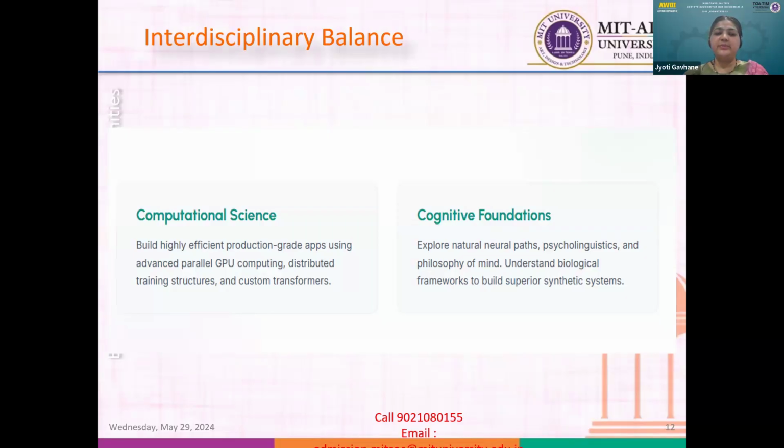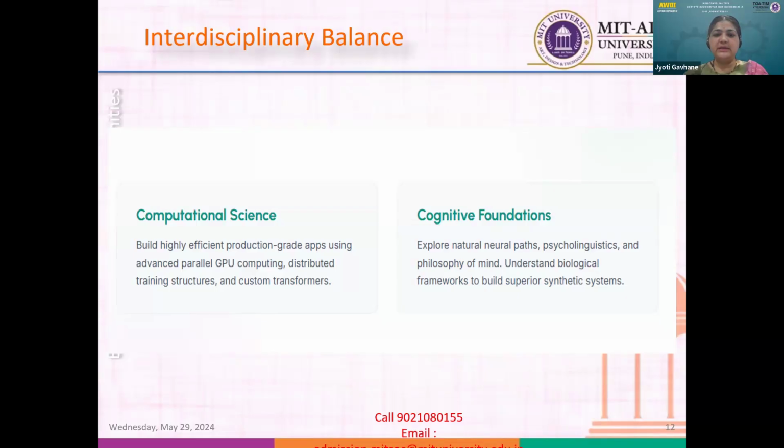Like instead of CPU, we are transforming to GPU. Some distributed training structure should be there, and transformer models, which we use as ChatGPT or Gemini. We need to understand the nature of these systems.